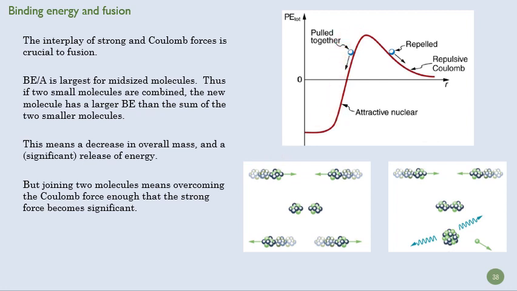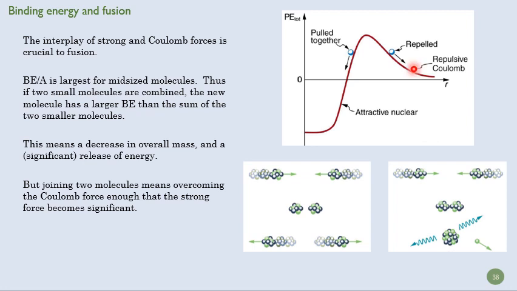So this plot up here gives us a sense of the kind of hill that you have to get over in order for two molecules that are both positively charged, right? These are like alpha particles, essentially. They don't have any electrons.